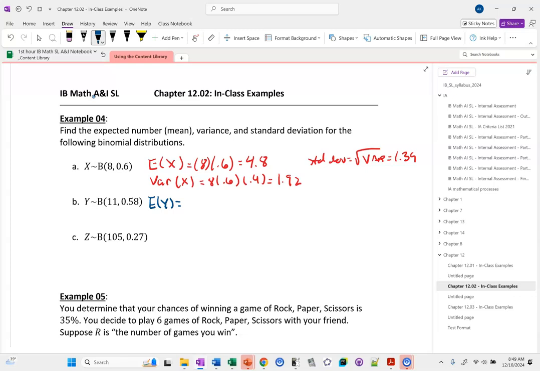Or at least tell me the numbers that I need to say in order to do it. 11 times 0.58. So that's 6.38. Okay, how about for the variance?